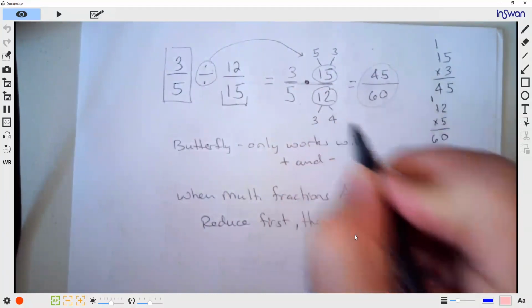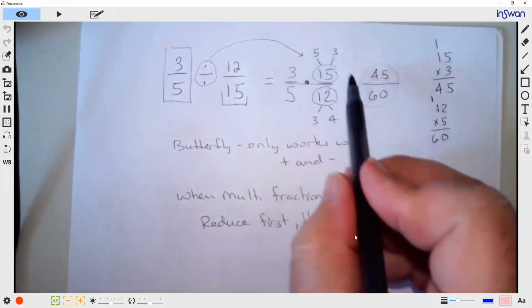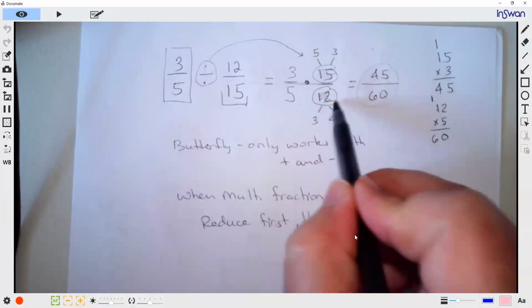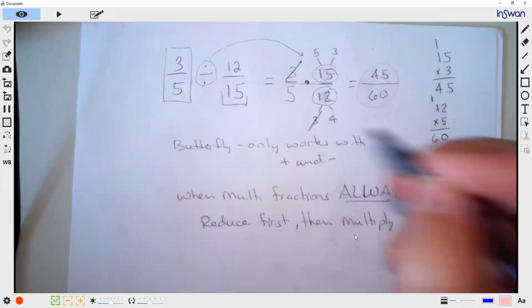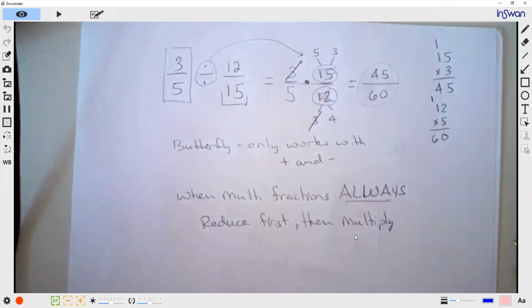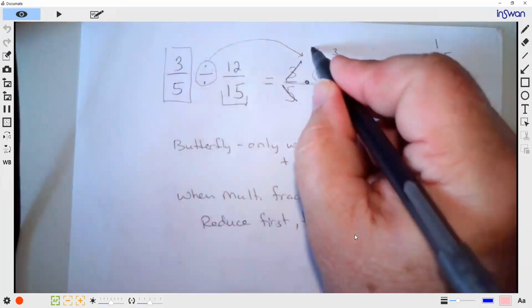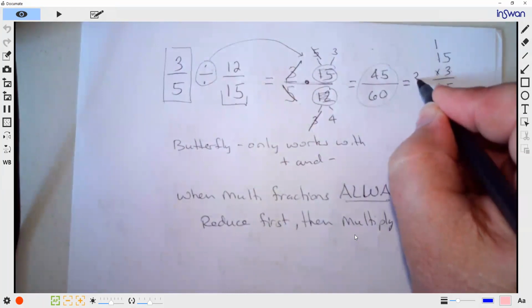Perfect. So can anything on top cancel with anything on the bottom? There are two 3s. So that 3's gone, that 3's gone. You can only cancel one of them. And what else? The 5s. This one's gone, that one's gone. So what do you have left? 3/4. That's the answer.